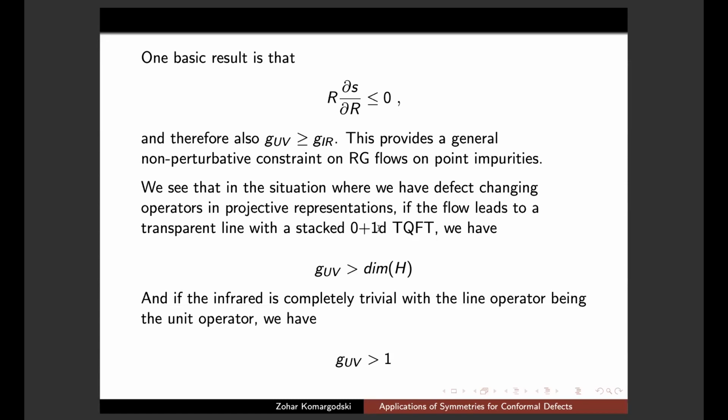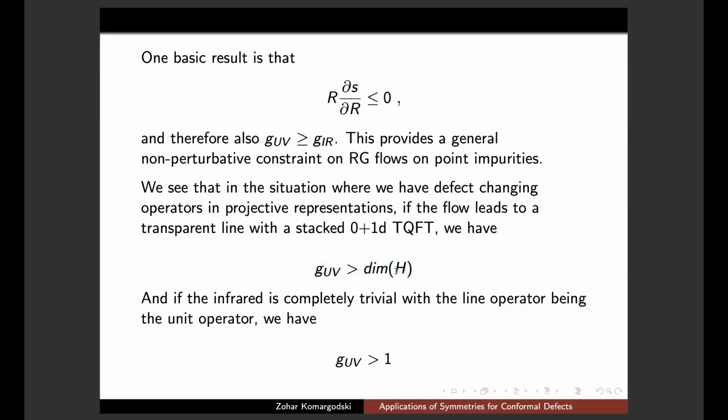You have to have some stacked TQFT. That leads to an inequality connecting the UV quantum dimension and the dimension of the Hilbert space of this 0+1 dimensional TQFT. This inequality must be obeyed for any defect which ends up with a trivial line operator stacked with a 0+1 dimensional TQFT.